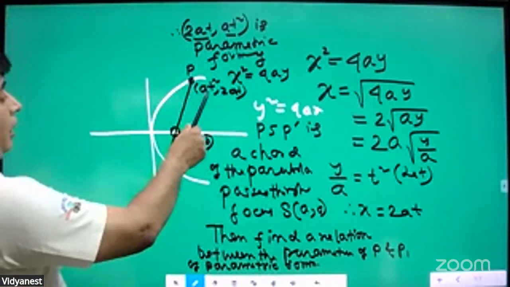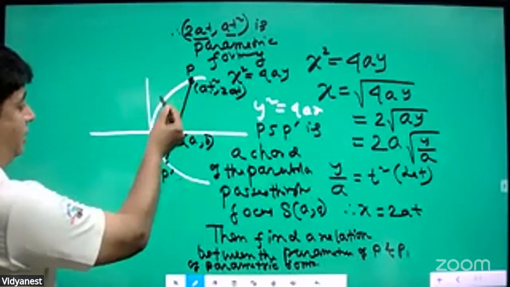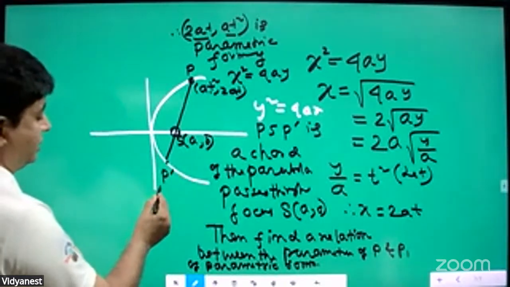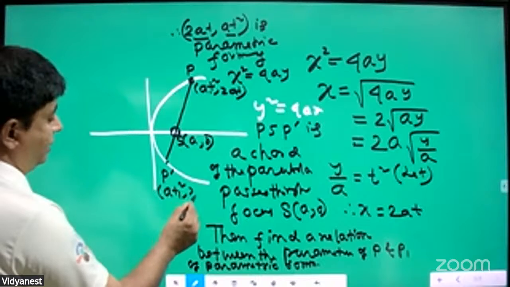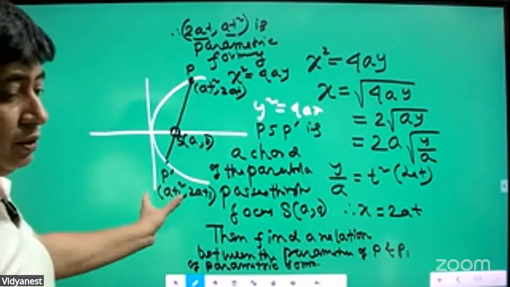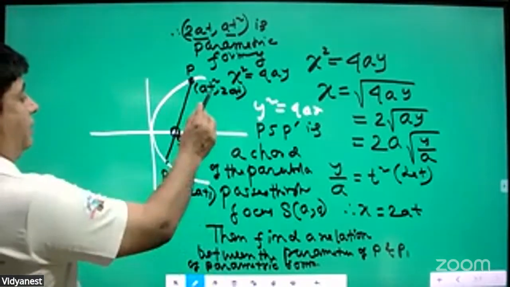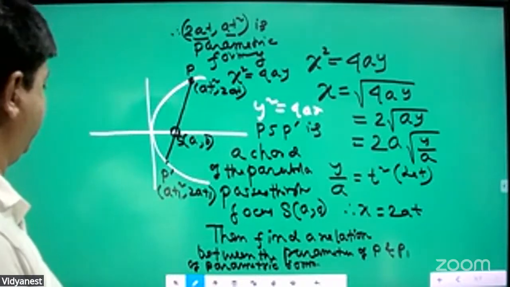So by different values of t, P starts to move and reaches P dash, a new position (at1 square, 2at1). What is our role? To find the relation between these two parameters, how t and t1 are related.